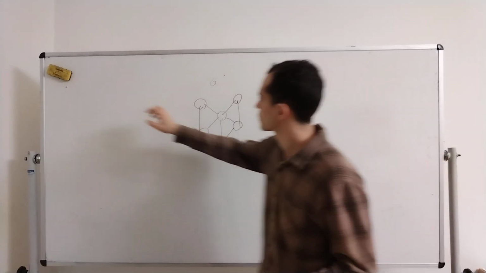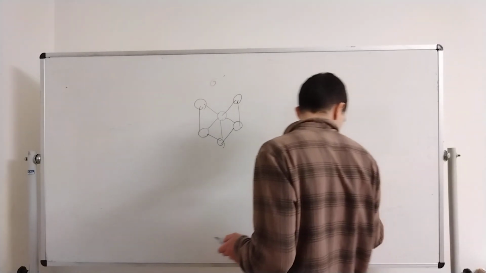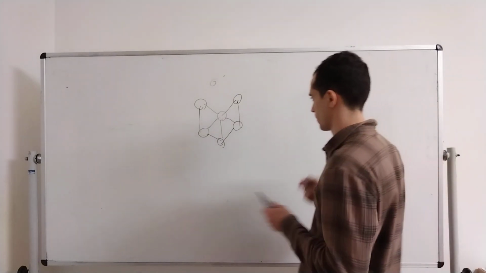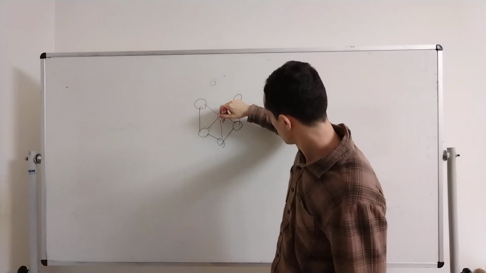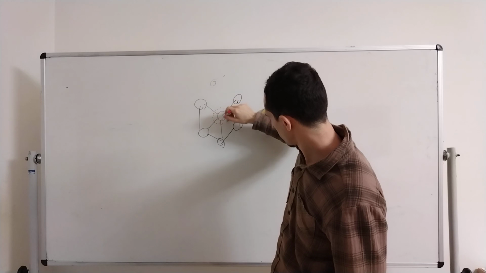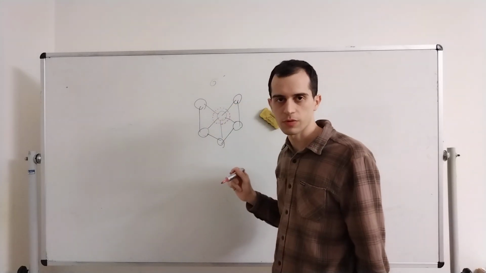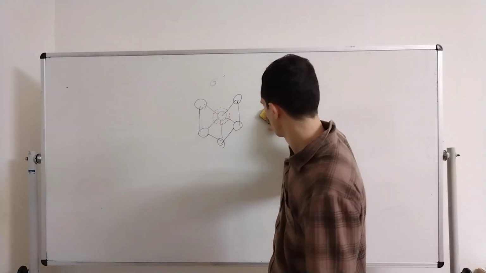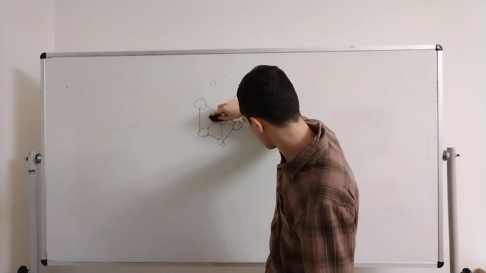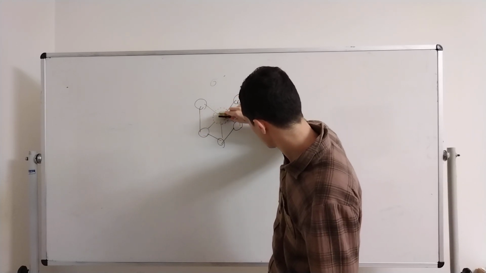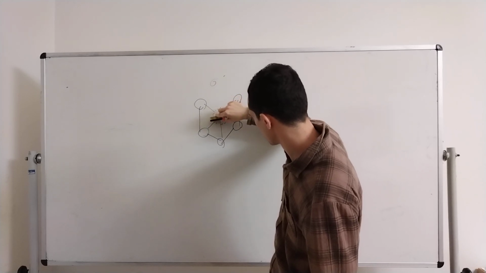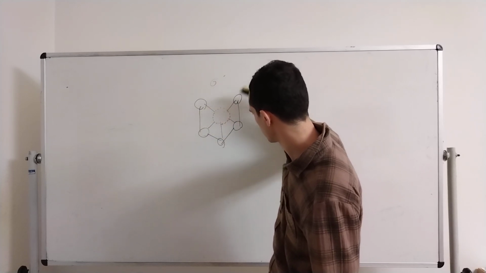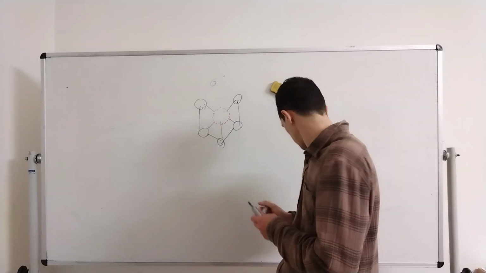And the idea is quite simple. We just take an open disk around the vertex. We delete what's inside, and some topological caution will be needed for the edges, but let's forget about that for a minute.